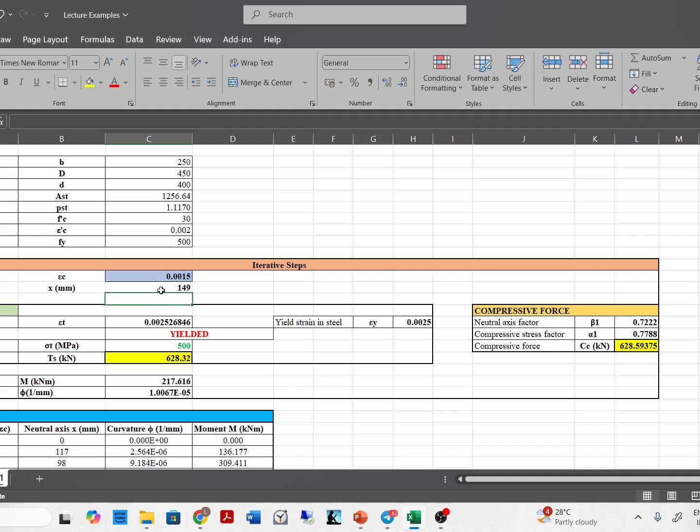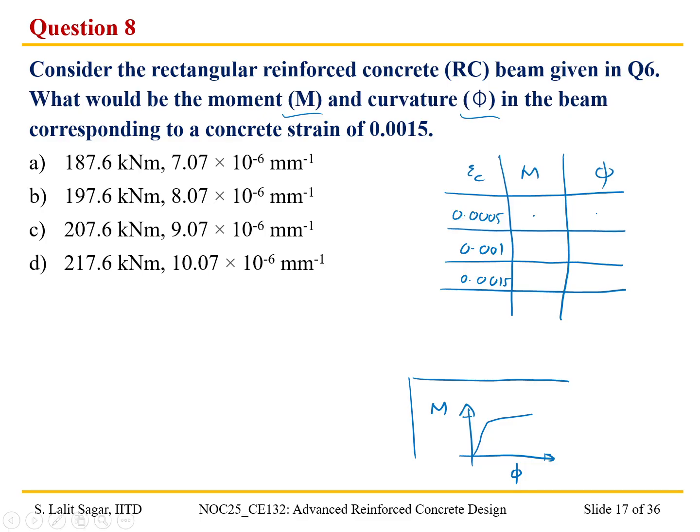So, corresponding to this neutral axis depth, I'm able to balance the resultant compressive force in concrete and the resultant tensile force in the rebars. For that, the value of moment is 217.6 kilonewton meter, and the curvature is 10.07 into 10 to the power minus 6 per millimeter.